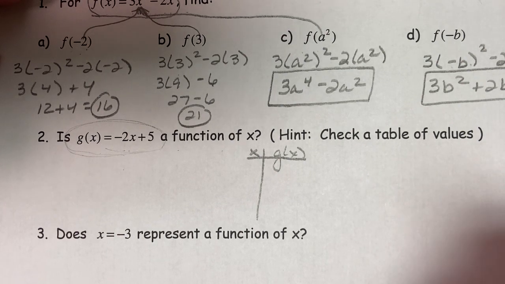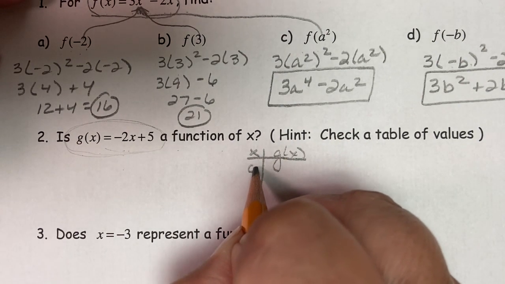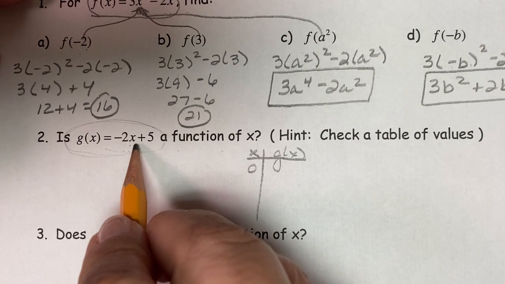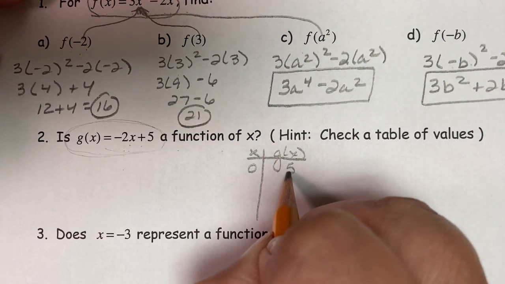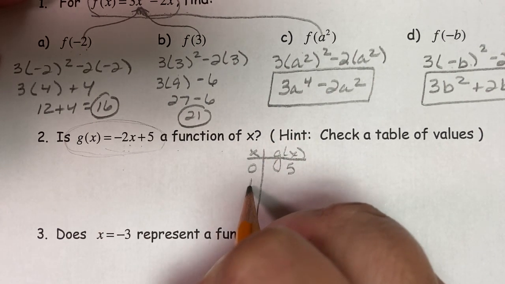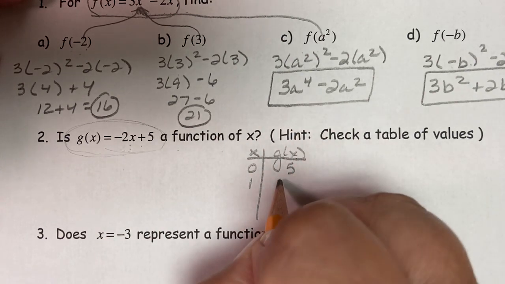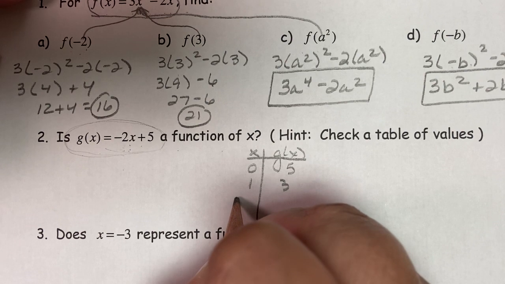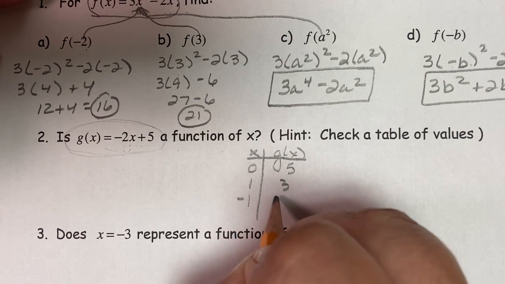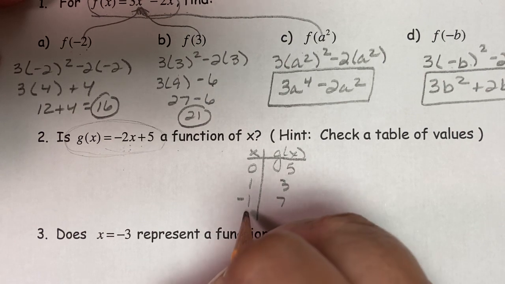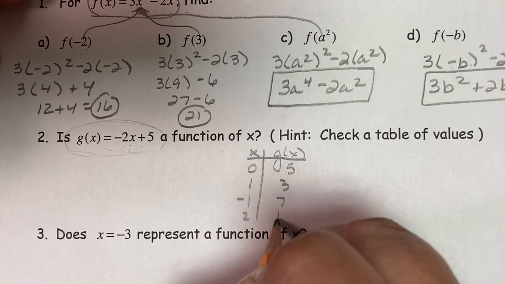So in other words, if we start plugging values in, so if we plug in a 0 there, you can see we get 5. If we plug in a 1, negative 2 times 1 is negative 2 plus 5 is 3. If I plug in a negative 1, that's going to give me 7. If I plug in a 2, that's going to give me 1.